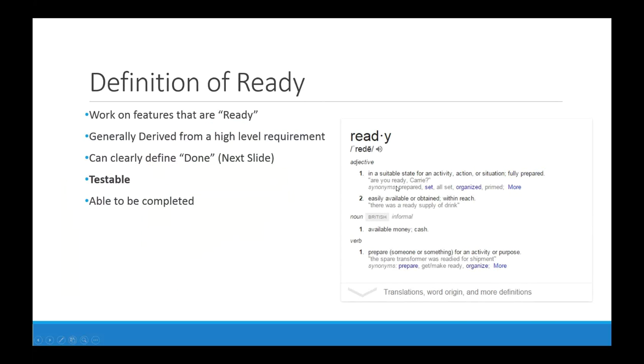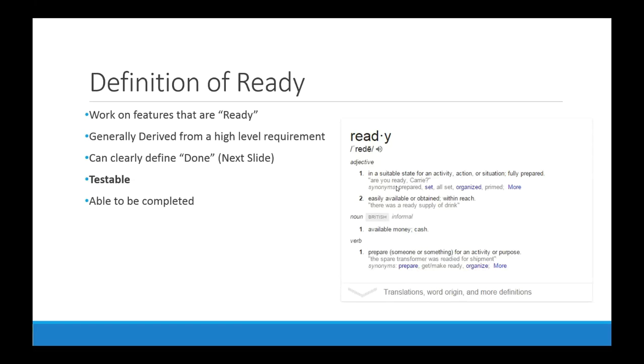Well, let me first give you a little bit of reasoning why we want to do this testing. Part of the Agile process is this idea that you work on code that's ready to be worked on. One of the things about it being ready is you can define what you're trying to do.